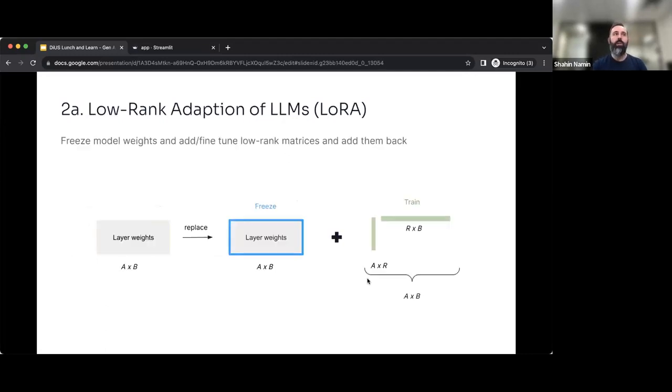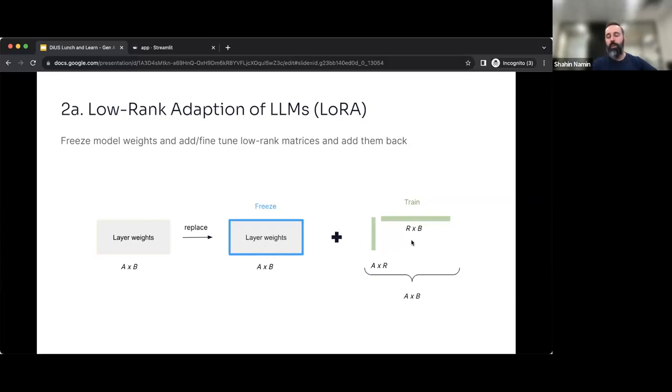So LoRA, or low rank adaptation of large language models, is actually a very handy technique, which is very fast in terms of the training of the model, and the amount of memory required is also much lower. In this case, you freeze the weights of your layer, as an example, but you try to come up with two matrices that, when multiplied together, give a matrix of the same size as the layer weights.